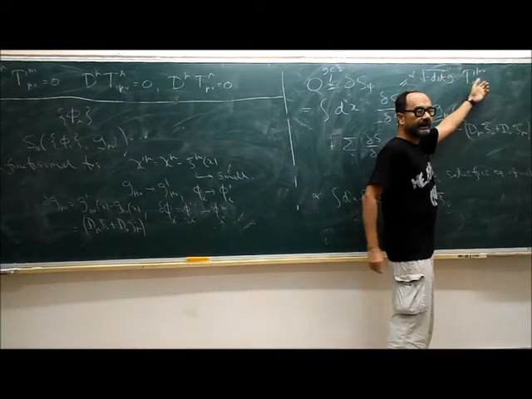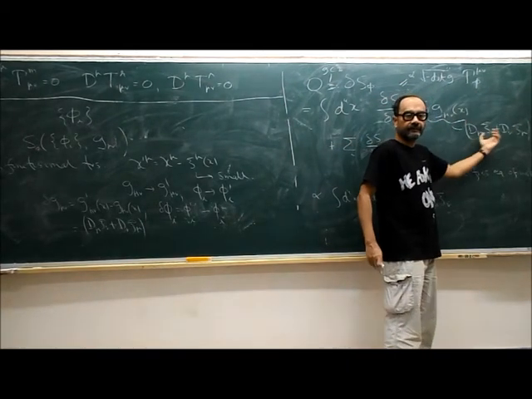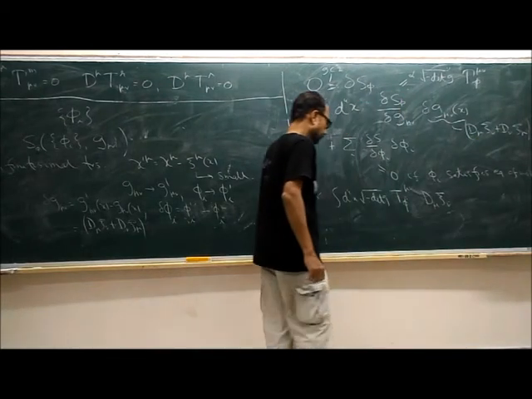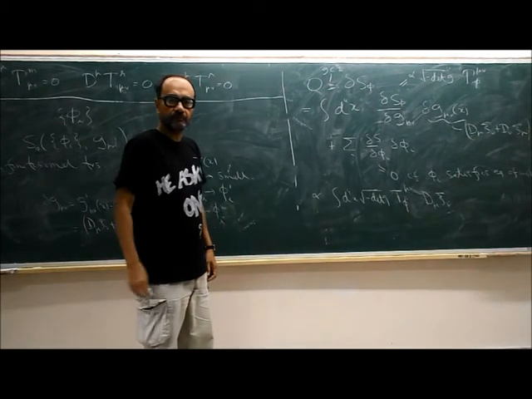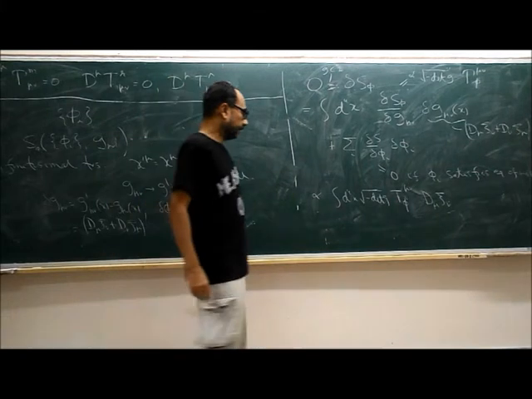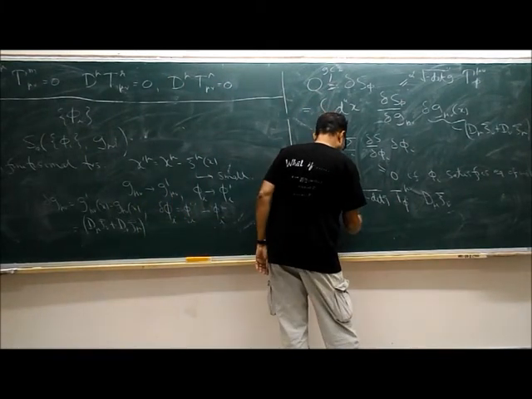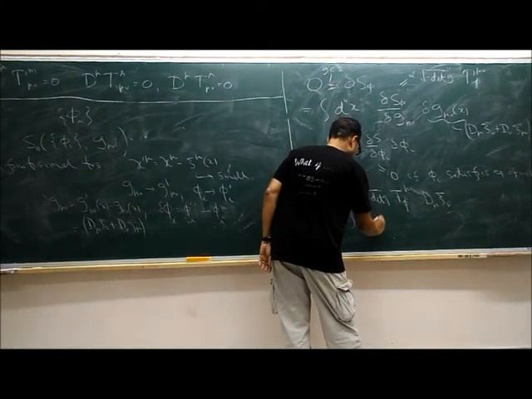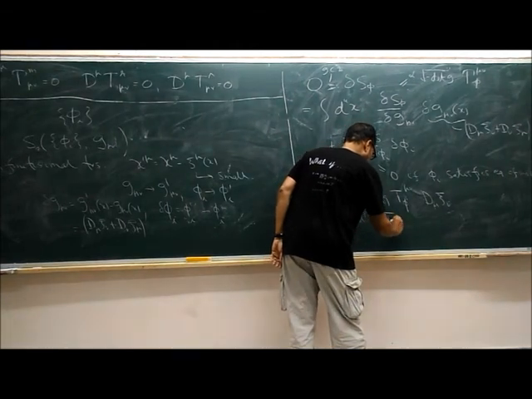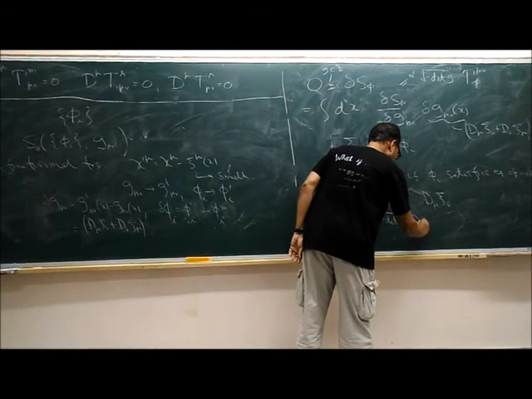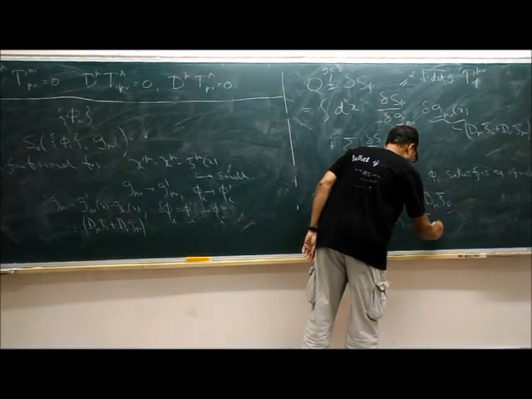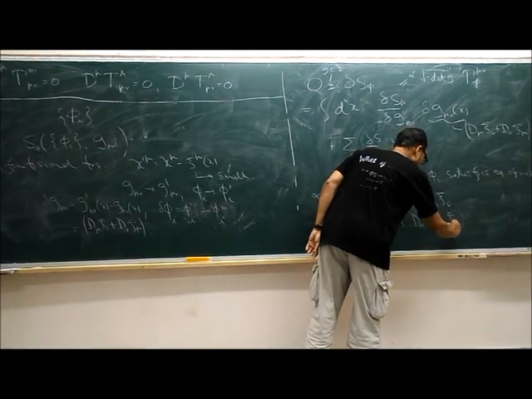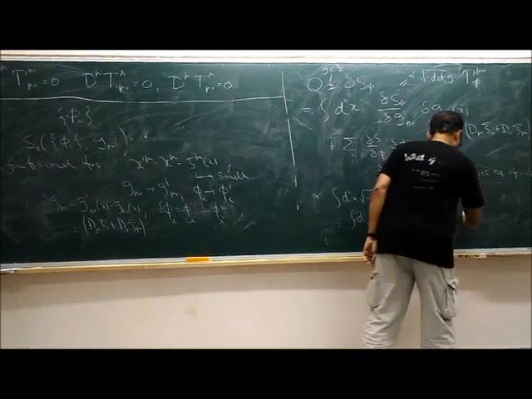T mu nu is already symmetric in mu and nu, so only one term is enough. But this now you can integrate by parts, plus a boundary part, which you don't do.